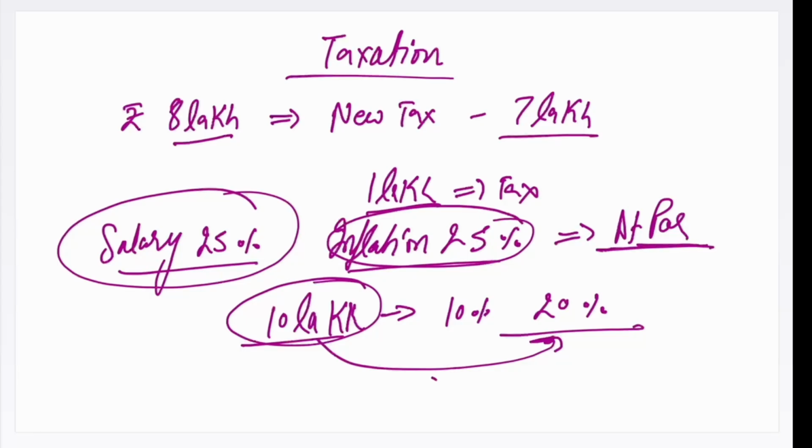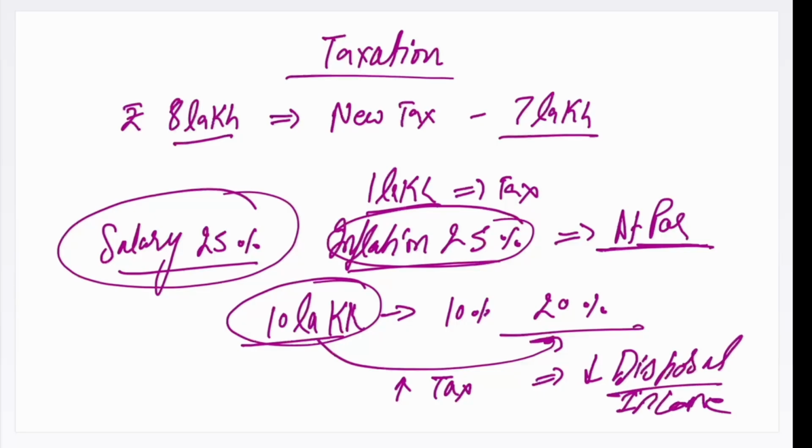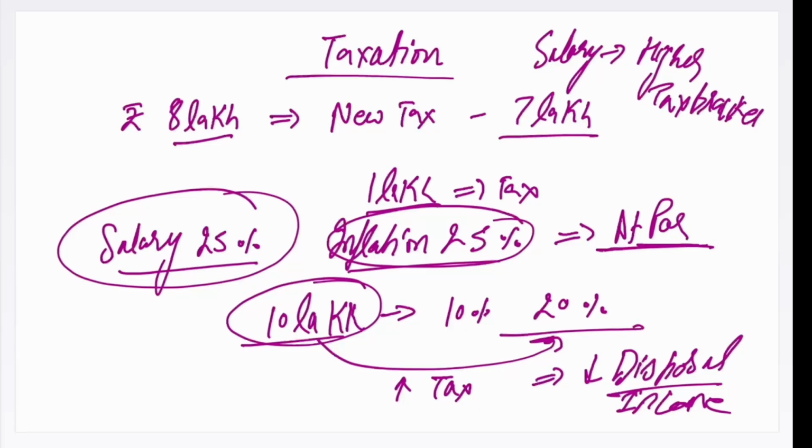So when he has to pay higher tax, he ends up with less disposable income. The income available to him is less. Why? Because more money has gone into taxation. So because your salary increases, you end up in a higher tax bracket, and eventually the money you receive after taxation is not worth what you had in the first place, right?